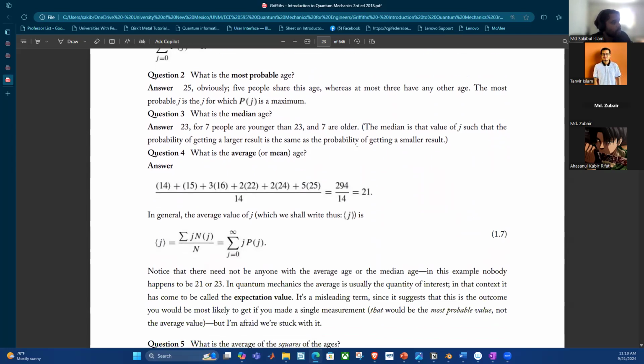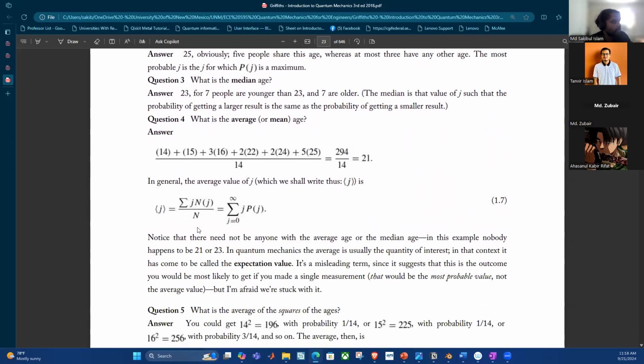Okay. And right now, if we want the average age of this group of 14 people, how do we do the average? The usual way of doing the average is to take the sum divided by the group size.